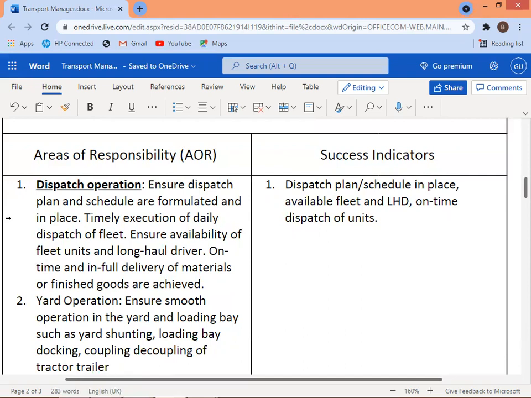Once it is parked in the dock, you uncouple, and then you get another trailer and park it again and uncouple again. This is the job of the yard operator. The coupling of tractor and reefer or trailer. Maybe we can say reefer or trailer, because trailer is a generic name, tractor trailer.